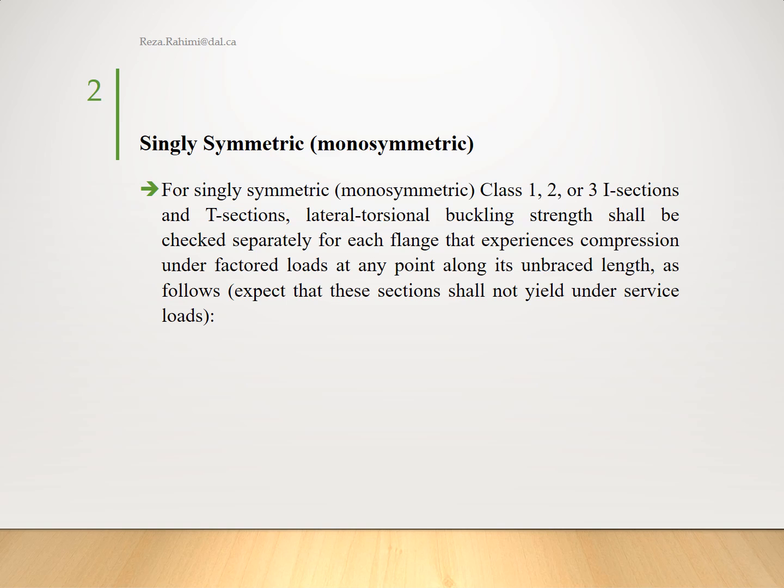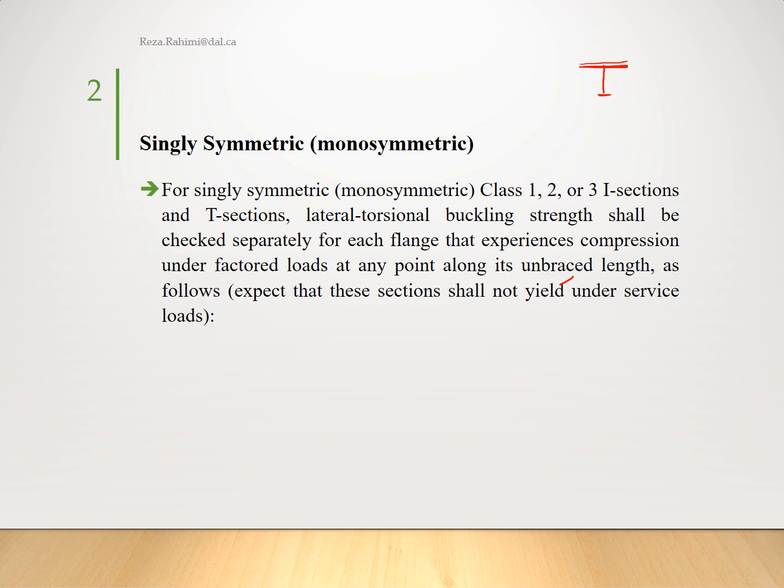Singly symmetric members. First we need to know which members are called singly symmetric members. For example, if you have an I-beam in which the bottom flange and the top flange are not the same size, we call it a singly symmetric member.